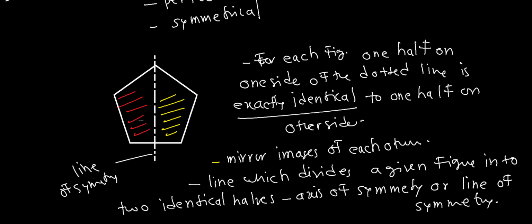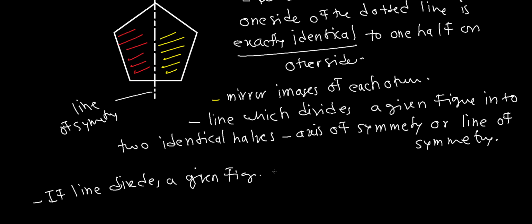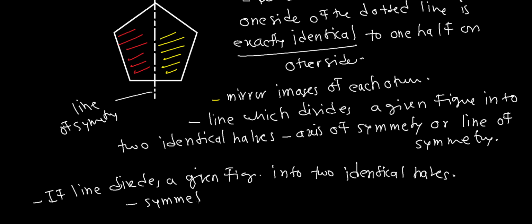Let's correct the statement. In other words, if a line divides a given figure into two identical halves, the figure is said to be symmetrical about that line.